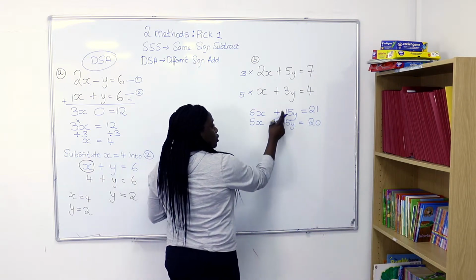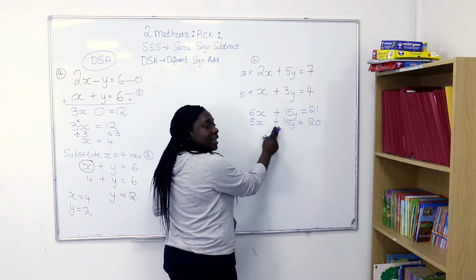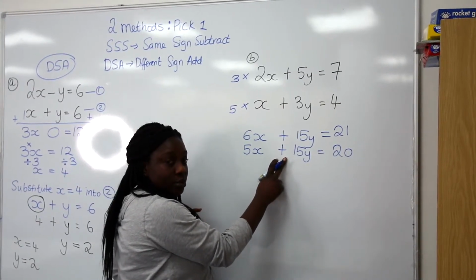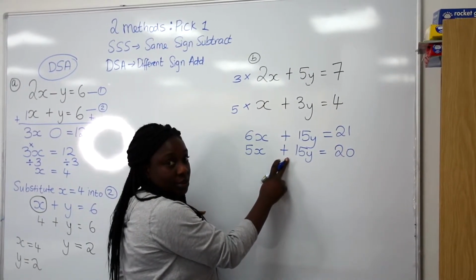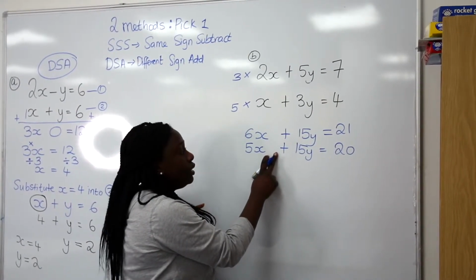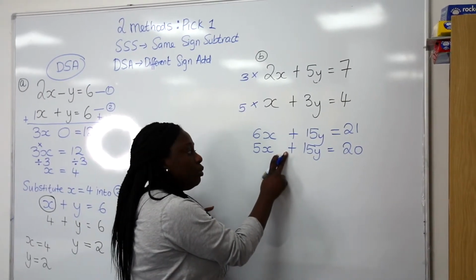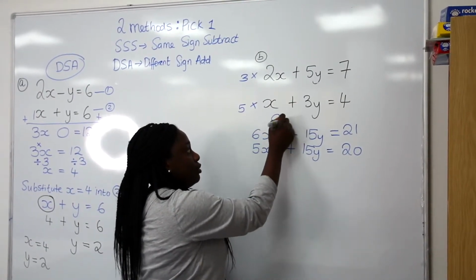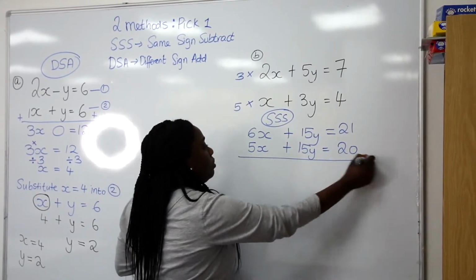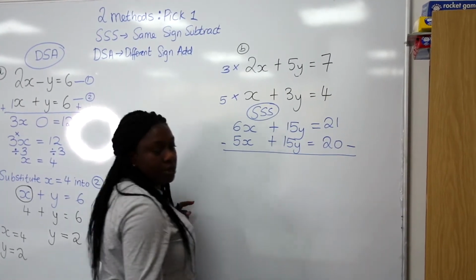Now, did you notice they're now the same numbers? Yes. Now we can decide if we're going to be using the DSA rule or the SSS rule. If they're different signs, we add, but if they're the same sign, we subtract. We're going to be doing the SSS rule here because they're the same sign. So that means we're going to take away this 2, and we're going to take away this 2.